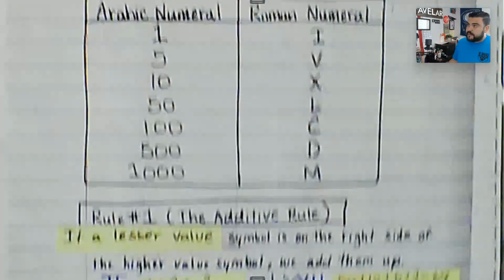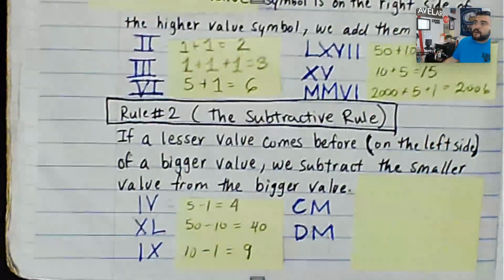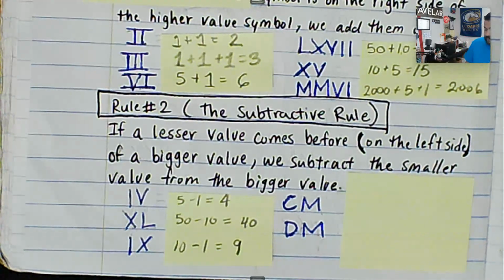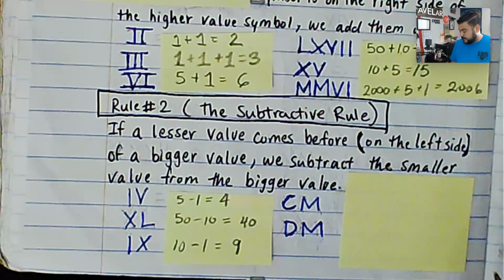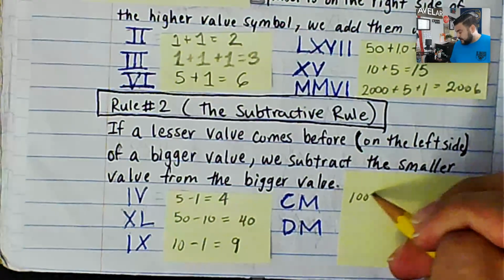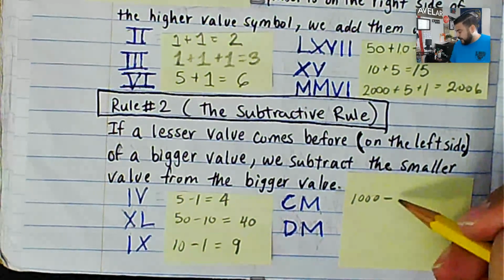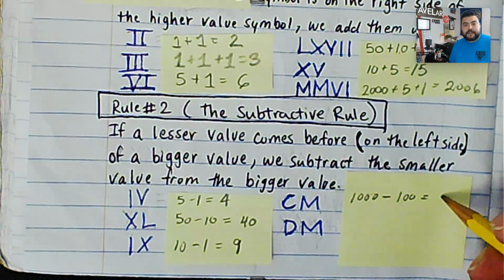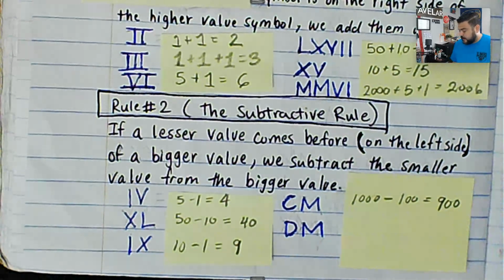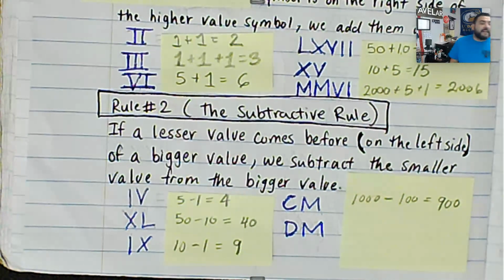M. So, which one is the bigger value, C or M? The bigger value is M. 1,000 minus 100 makes it what? 900. Okay. Let's see if you can do the next one.